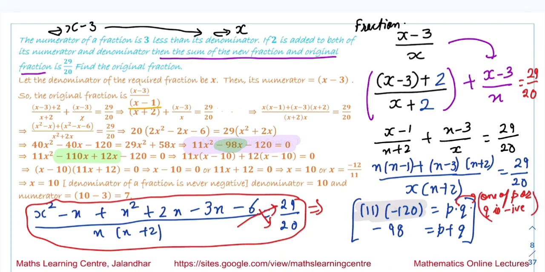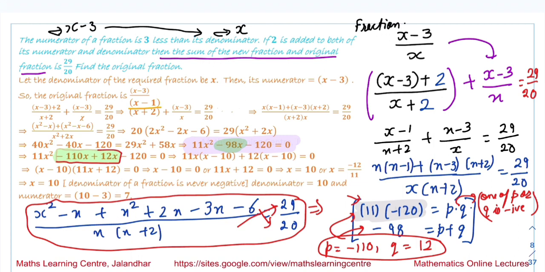So when we find the factors of these terms, we see that P = -110 and Q = 12. It satisfies both these conditions, and these are the terms that we obtain after splitting the middle term -98.